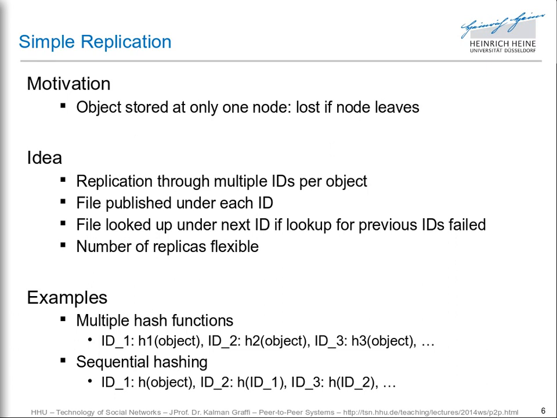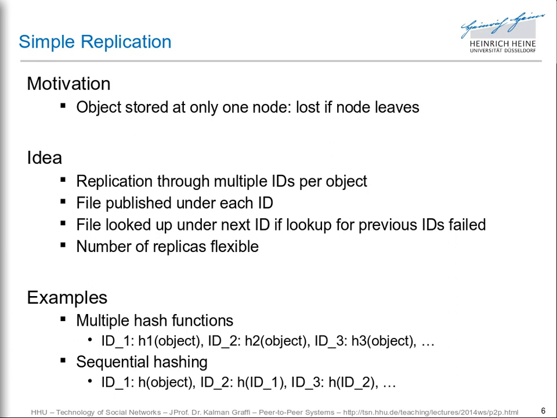So for example, we can introduce multiple hash functions for the replicas. We use the first hash function on this object to get the first ID, and another hash function on the same object to get another ID, where we can find replications. Another example is sequential hashing.